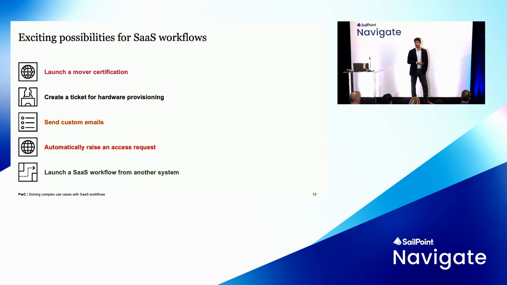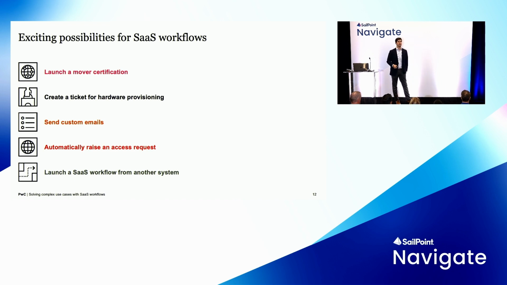But for example, say you have the global certification email, right? And you want to have a different email that notifies people about this mover certification, right? Workflows gives you that power. Or you could just have a workflow that detects when a certification is complete and sends out a thank you. Maybe people need a little bit of encouragement to do their certifications. But that's another thing that you could do with Workflows, again, with a custom template.